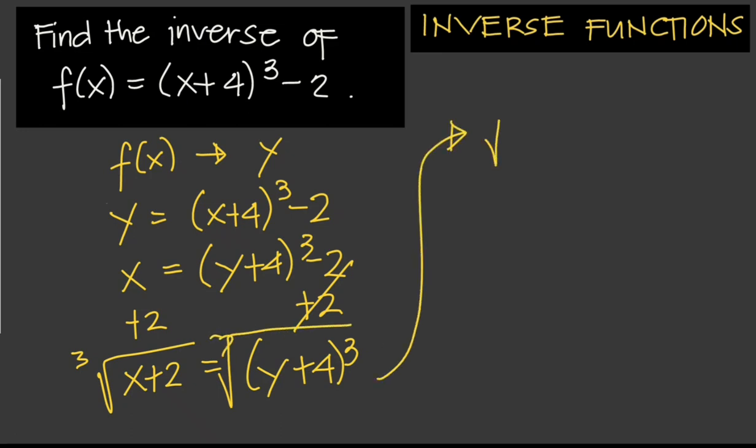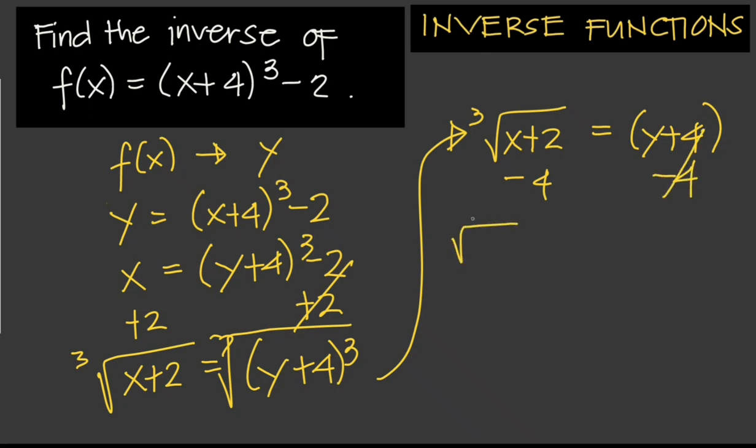And we get a cube root of x plus 2 is just equal to y plus 4. Then solving for y here, we subtract 4 from both sides. So this cancels out. So we have cube root of x plus 2 minus 4 equals y. So this is our solution now.